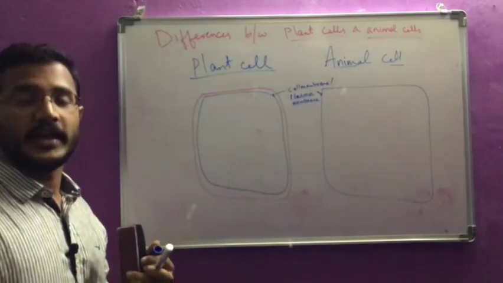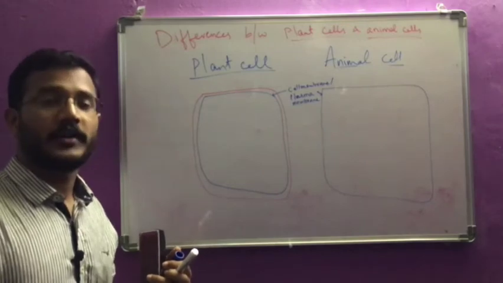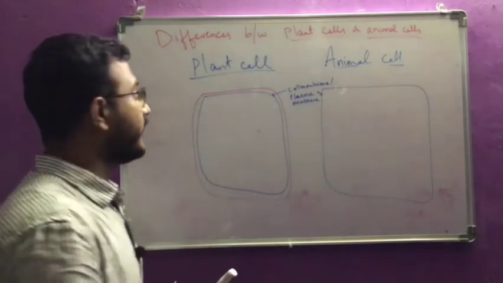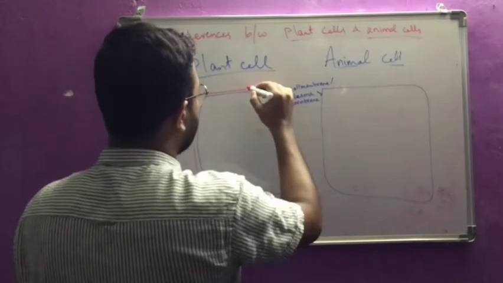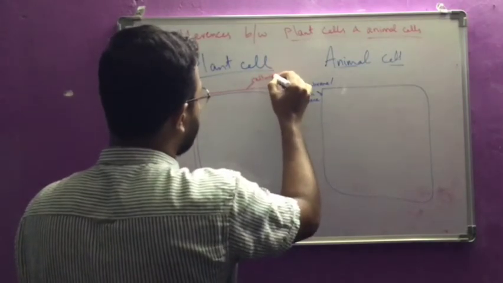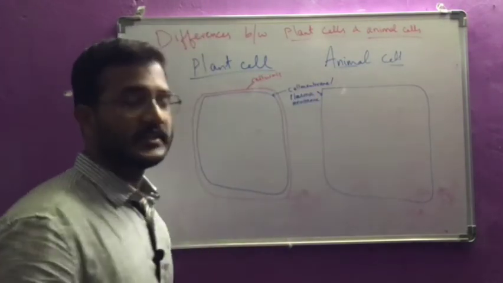In plants and animals, both the plasma membrane or the cell membrane is present, but only plant cells have a cell wall. This is the major difference between plant cells and animal cells.